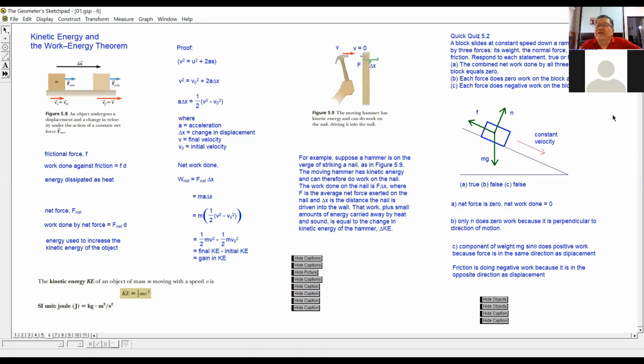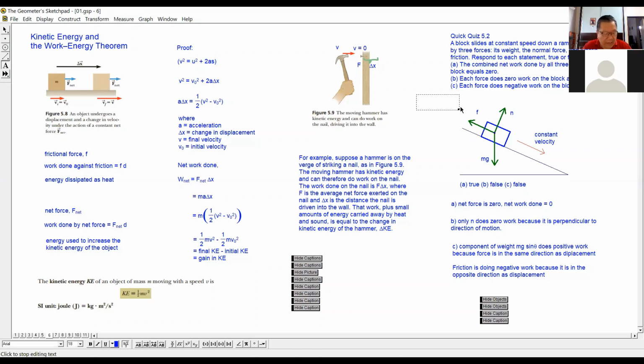The first question: the combined net work done by all the three forces on the block equals zero. Is that correct? Net work is zero. Where does the net work come from?